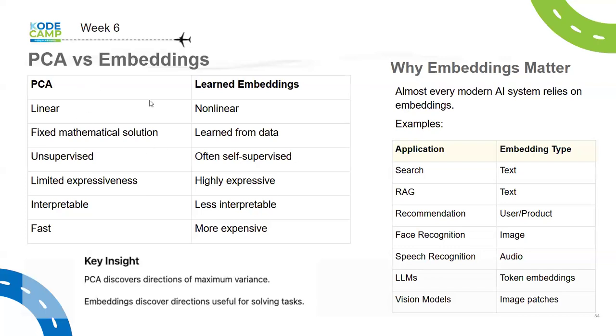Yeah, we looked at PCA, which is dimensionality reduction, principal component analysis, and compared it with embeddings.